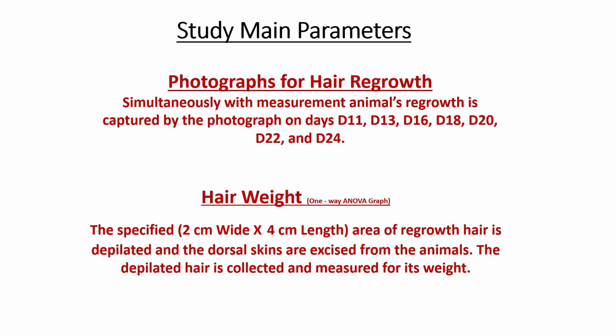Now, the next study parameter is the photographs for hair regrowth, which is a main parameter. Simultaneously with the measurement of animals, regrowth is captured by photographs on day 11, 13, 16, 18, 20, 22 and 24. You have to proceed simultaneously, because on the day you take the hair, you have to anesthetize the animals.